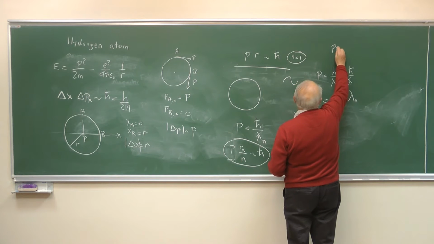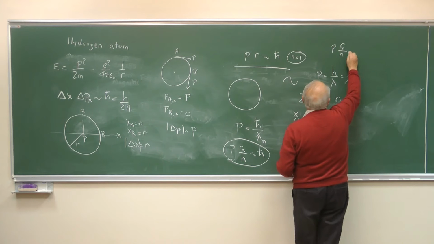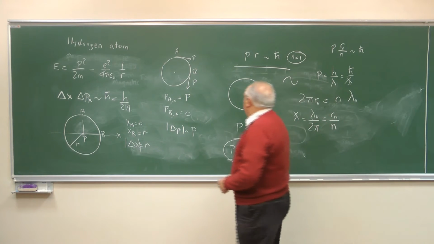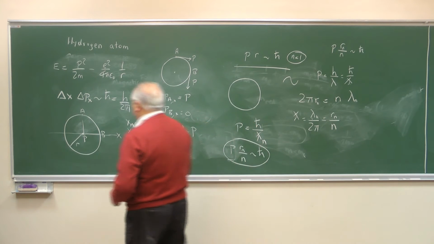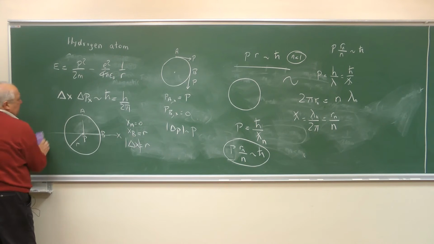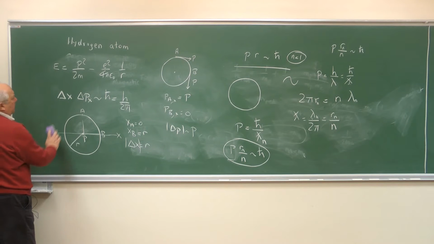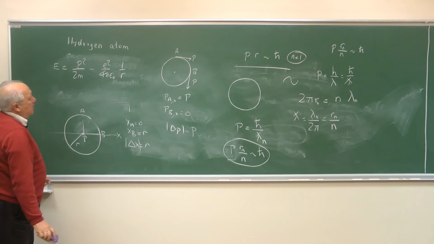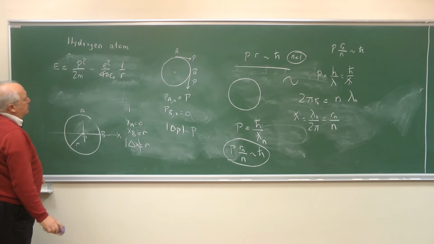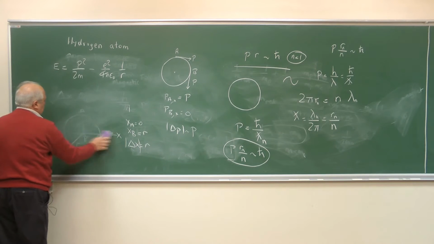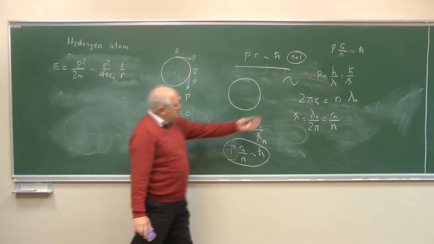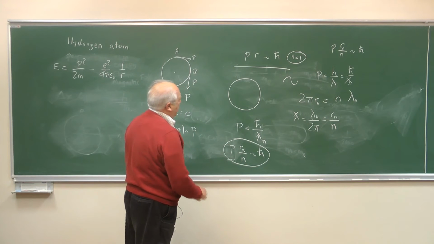P r sub n over n is like h bar. So I will start erasing this. So we took n equals 1 and we are looking for the ground state, lowest state. States are counted by this number n.